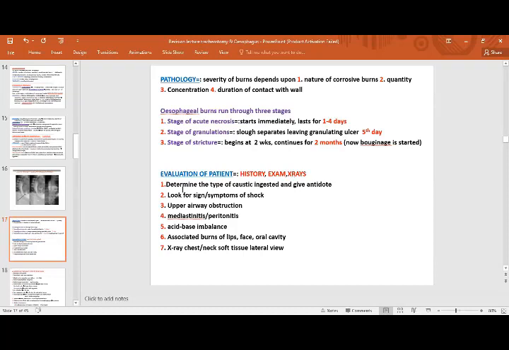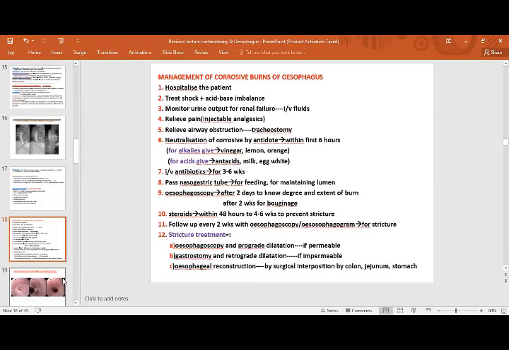In history, we need to find out the type of ingested chemical as well as the quantity, and look for signs and symptoms of shock, airway obstruction, and any signs of mediastinitis or peritonitis. Radiological examination will give us the picture of the site and type of perforation.